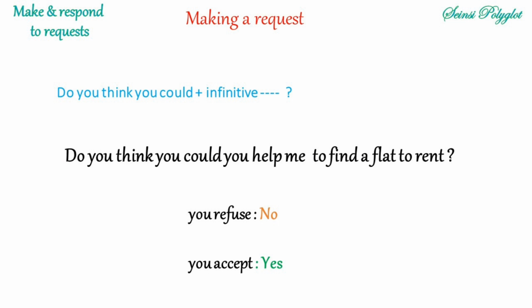We could also use do you think you could plus infinitive, like in this example, do you think you could help me to find a flat to rent? So if you refuse, you will say no, for example, because you don't have time. And if you accept, you will say yes, of course. Let's go.